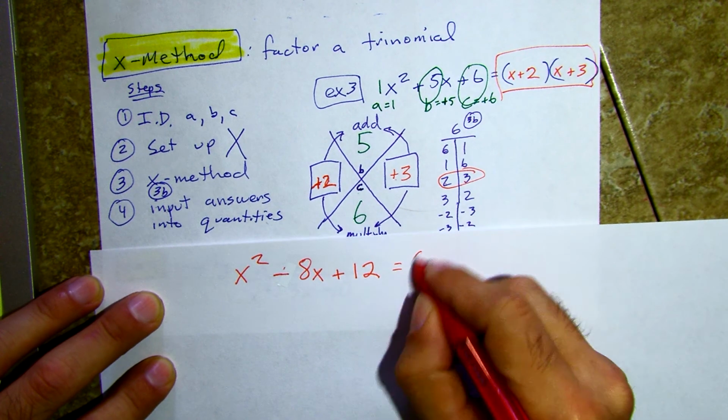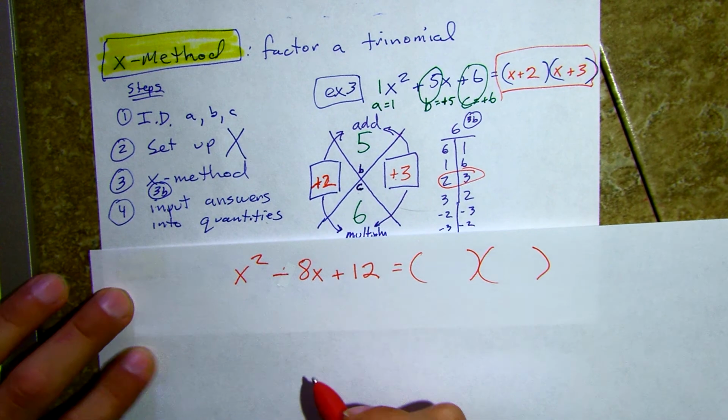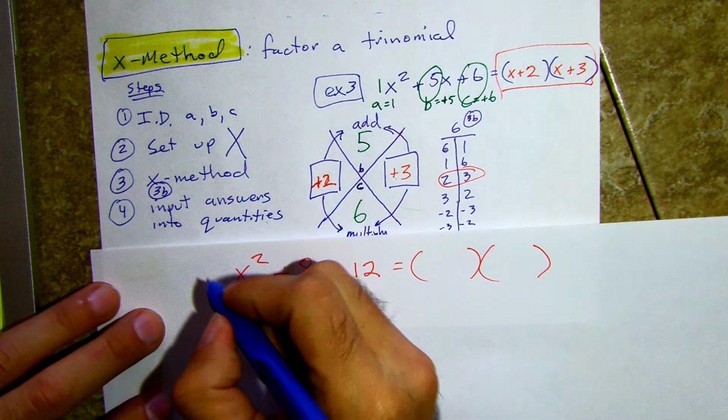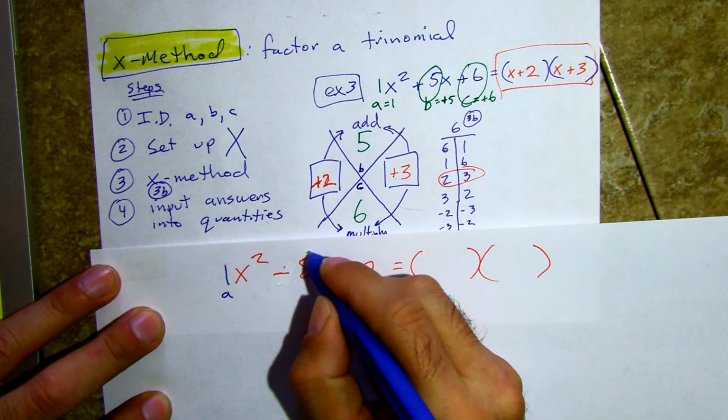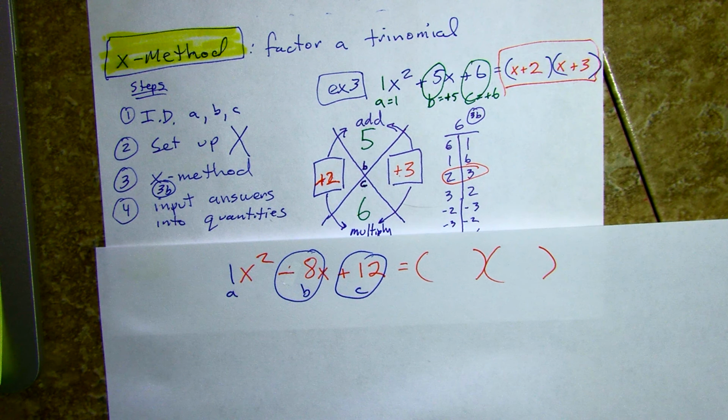You don't have to write all the little details. Step 2, set up your box. You can put a B and a C there until you remember all of it. Remember, we're going to be adding to get our B. We're going to be multiplying to get our C. So go ahead and put those values in those boxes.